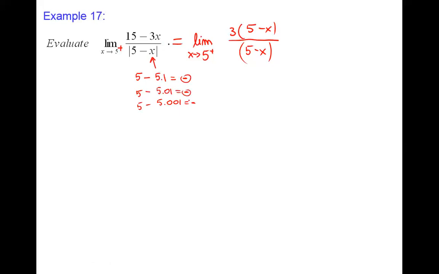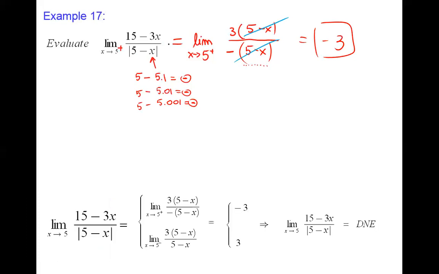Negative number, negative number. This quantity is negative. I have to make it positive. And then I'm simplifying, and the answer is actually negative 3. That means, can you see this? The limit from the right-hand side, the answer is negative 3.